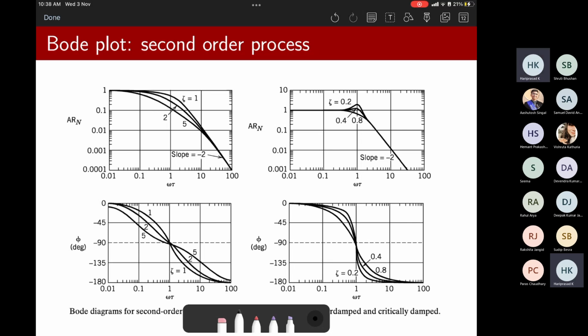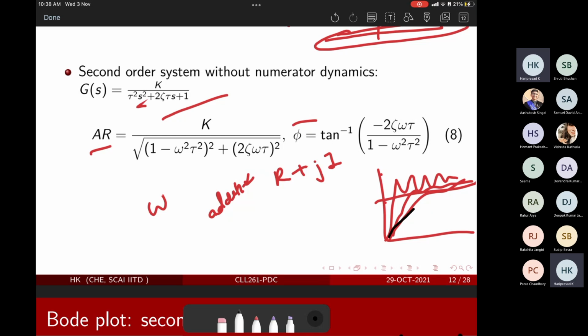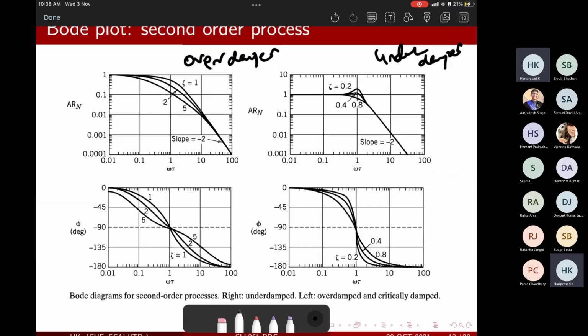This is the typical overdamped and the underdamped system. Mostly, the overdamped system is fairly stable. In the overdamped system, the response is most likely like this, and eventually very close to first order system responses.